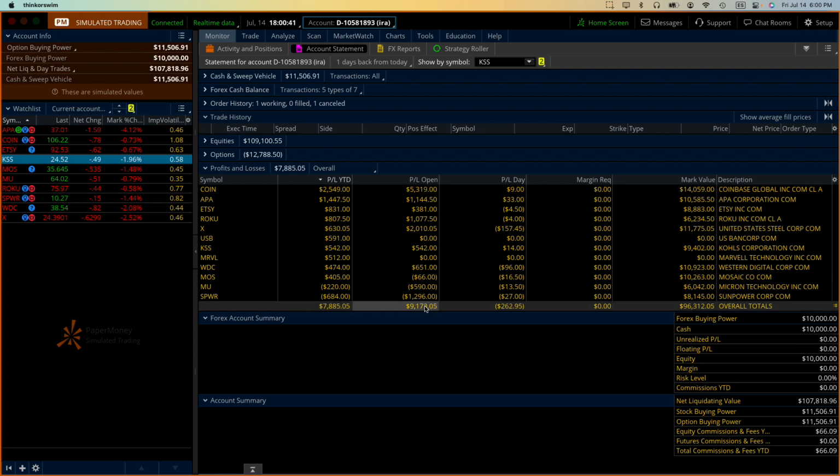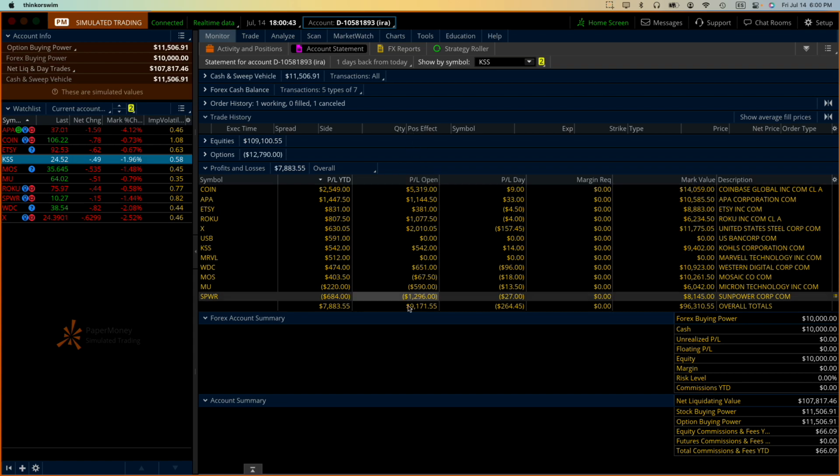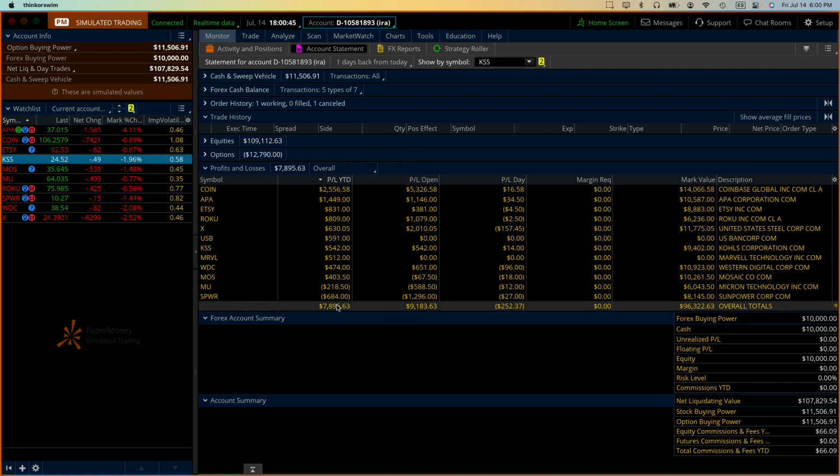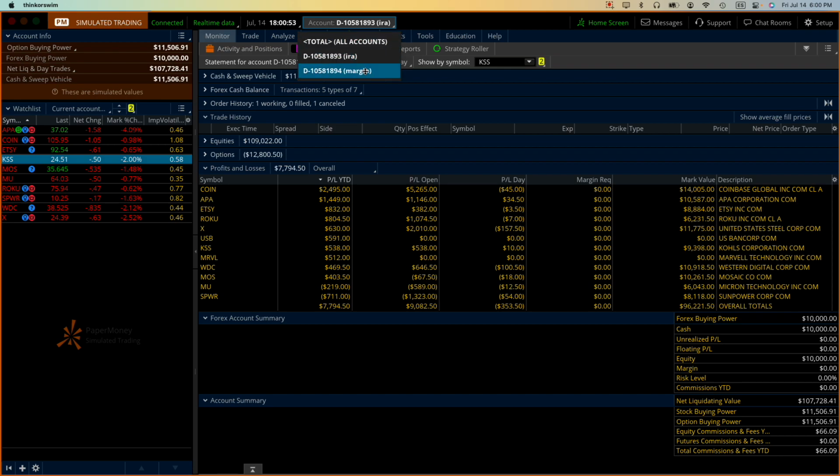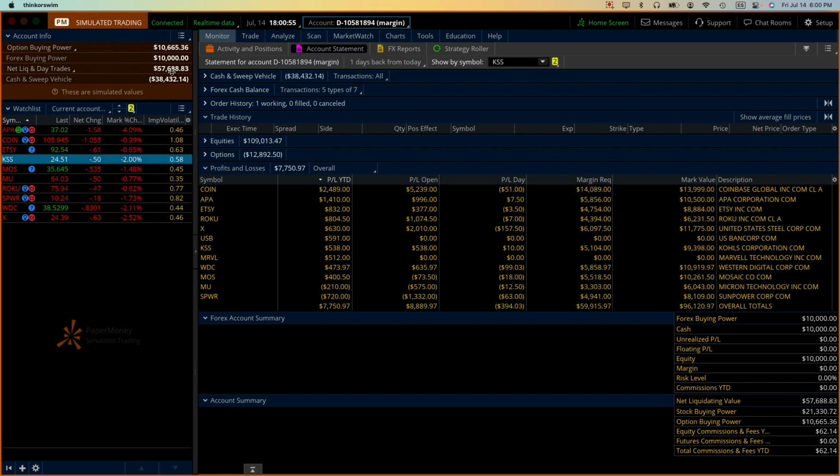Yeah. Since the opening, we already closed a couple of trades, that's why it's different. Here is the profit. And it will be the same for the margin, except for the margin, we only have to have $50,000 in the account. But the P&L is about the same.